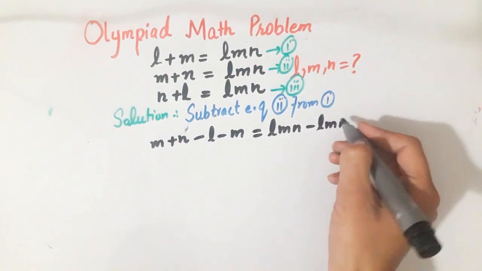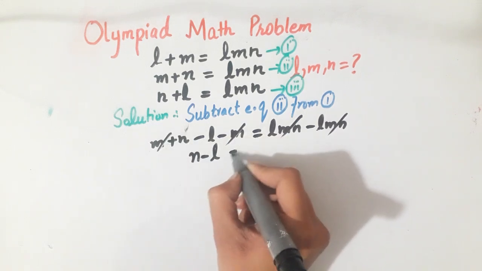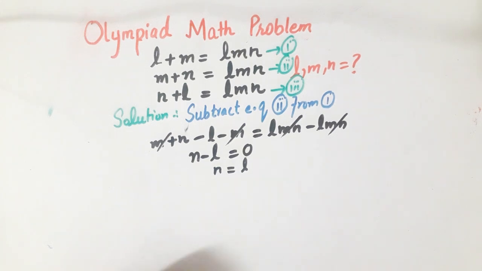So LMN is cancelled out and M and N are cancelled out. So N minus L equals 0. That implies N equals L.